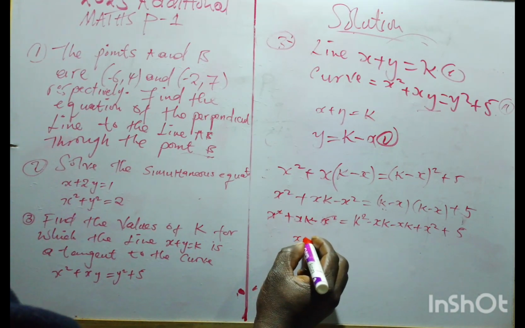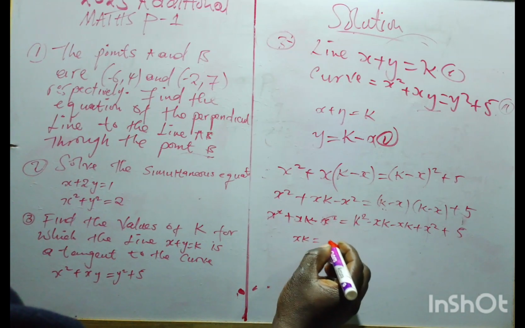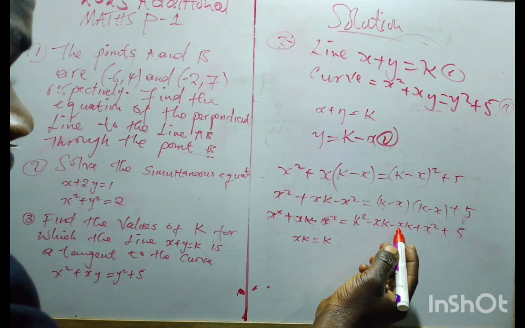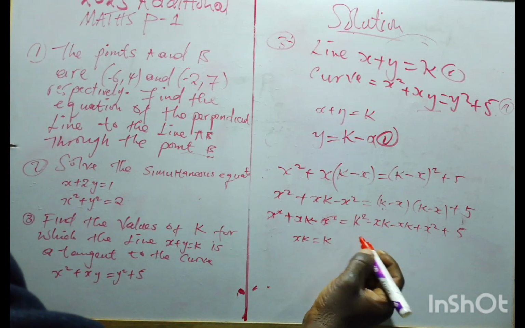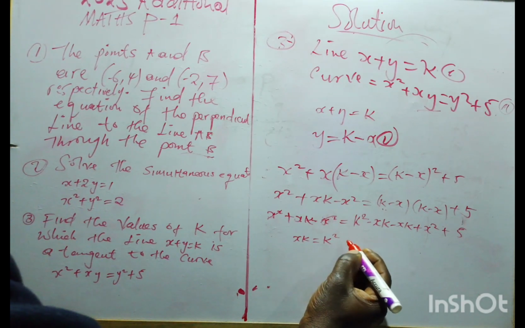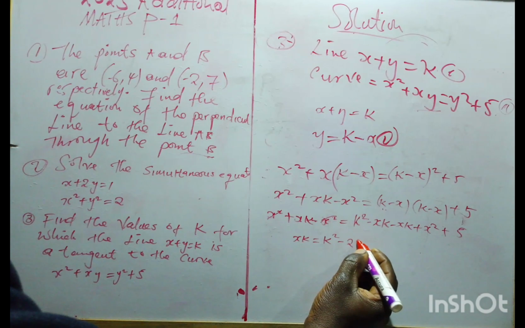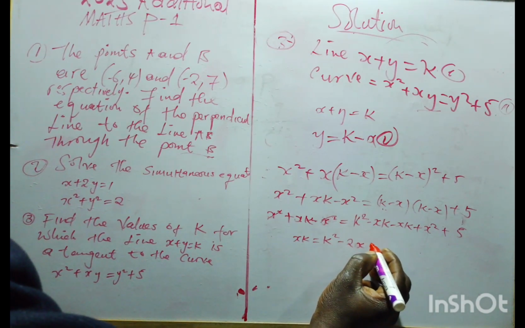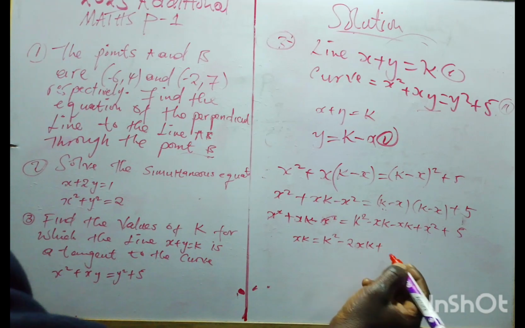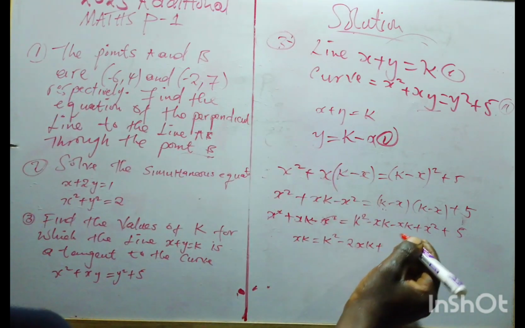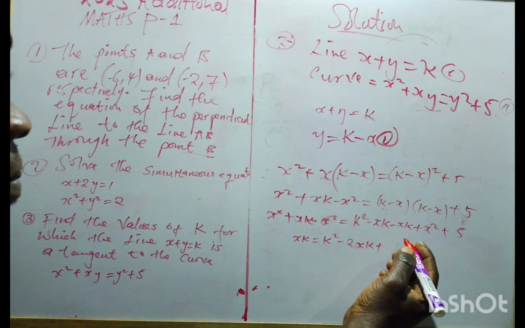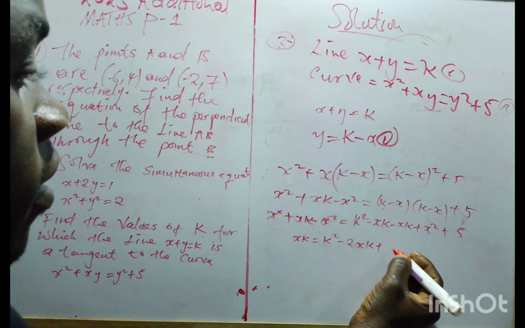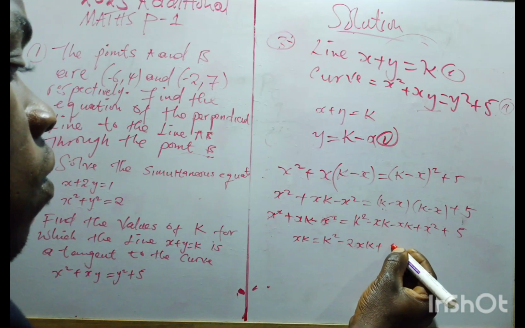So here we remain with xk equals to k, then minus xk minus xk, you're going to have, this is k squared, so we're going to have minus 2xk, then plus 5.